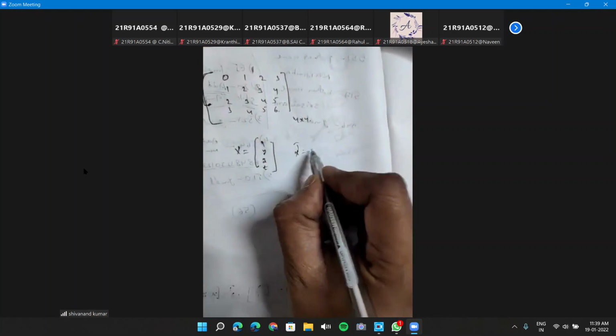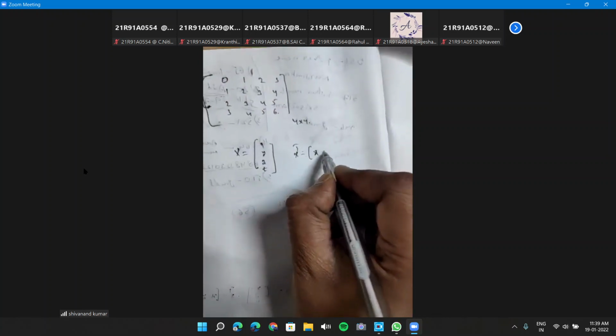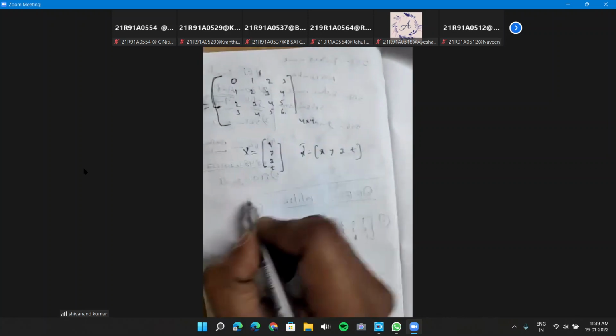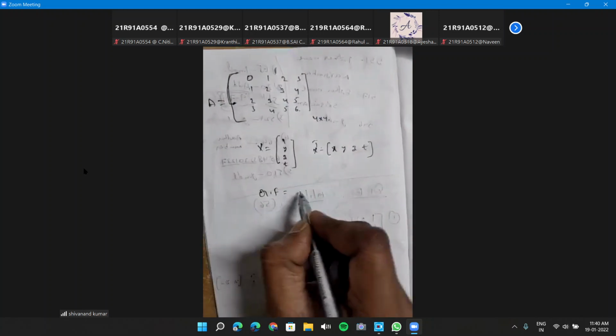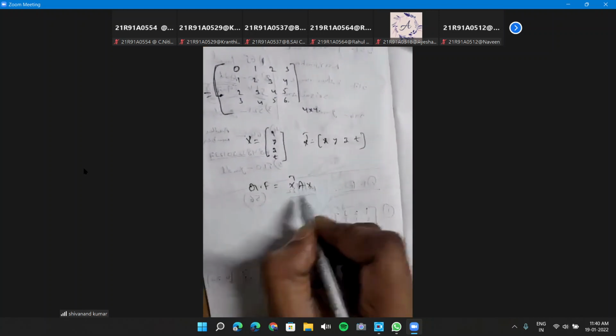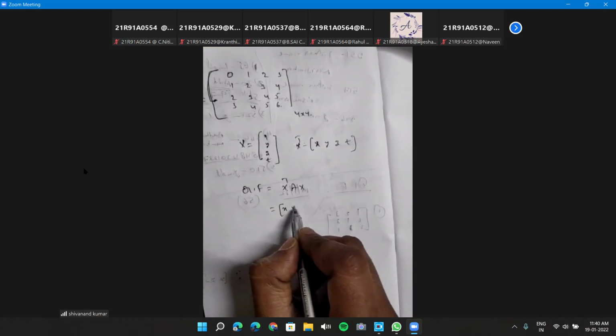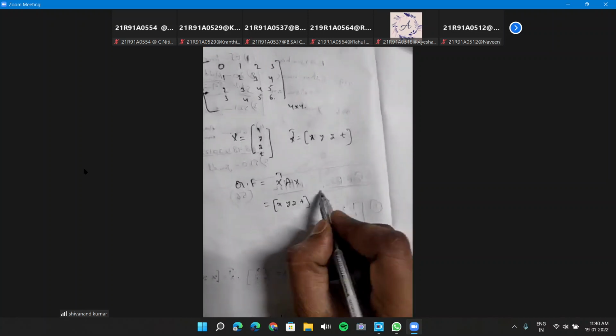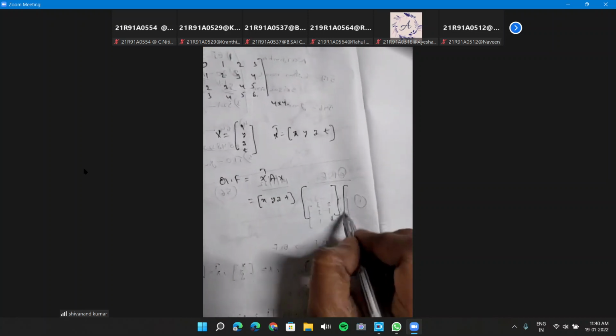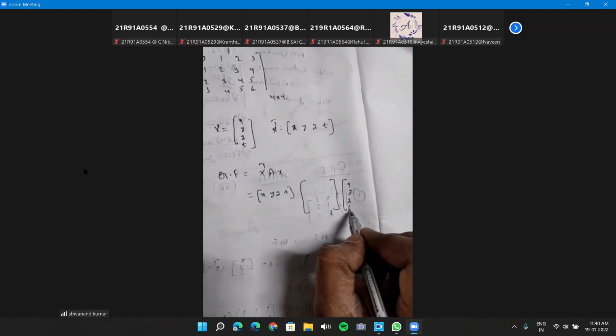And x transpose is x y z t, and your quadratic form formula is nothing but x transpose A x, that is x y z t, then your A matrix, and then x y z t.